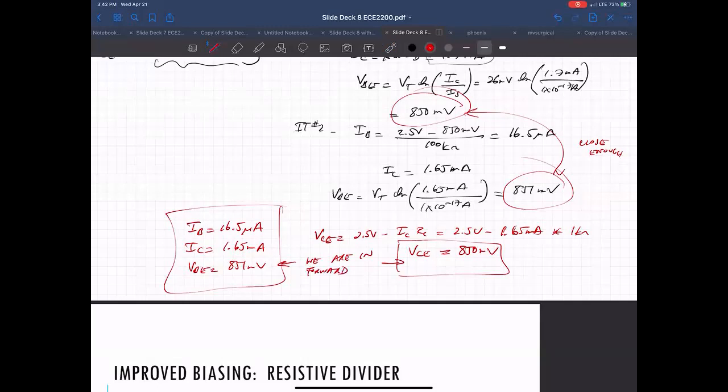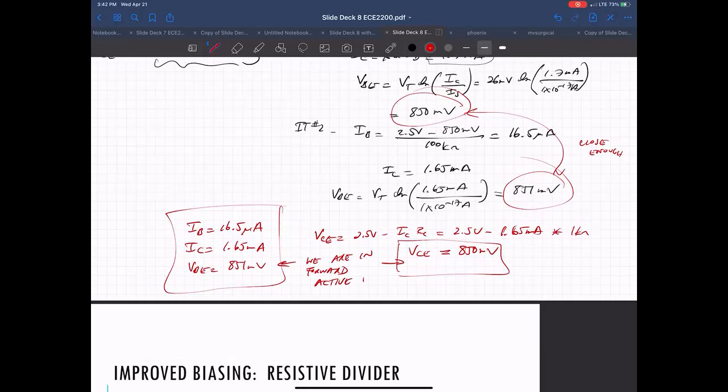So it seems like we actually ended up with a pretty good solution, and a very simple one at that, because all we did is we pulled this up a little bit, not too much. We pulled this up to 850 millivolts using just a high value resistor.